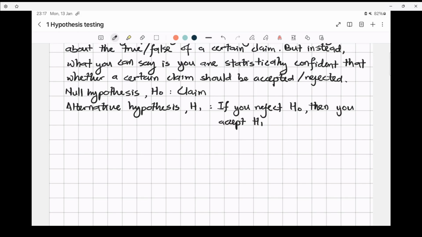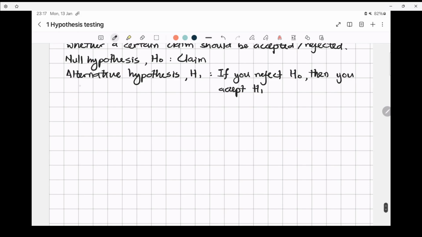Both of these hypotheses are based on statistical parameters, and there is the idea of the critical region, sometimes called the rejection region.